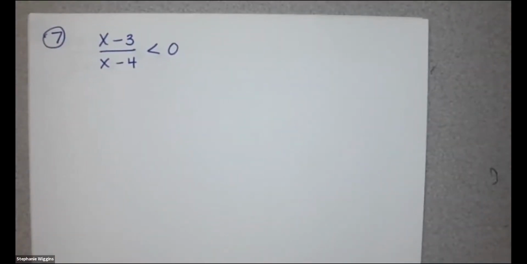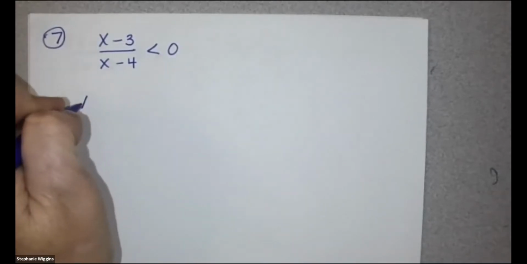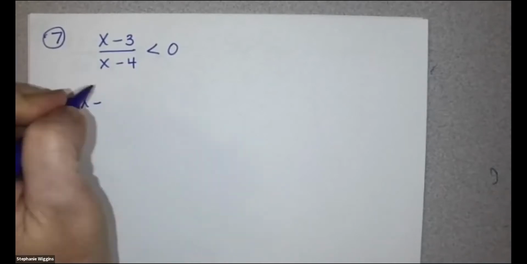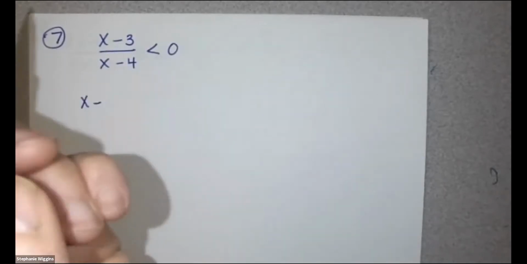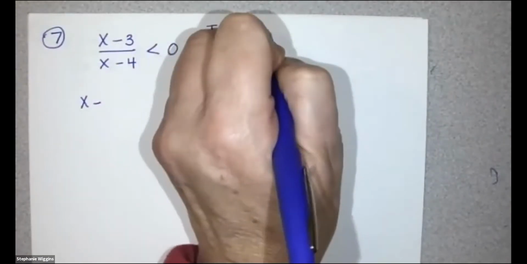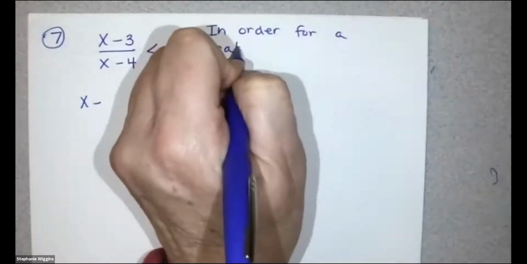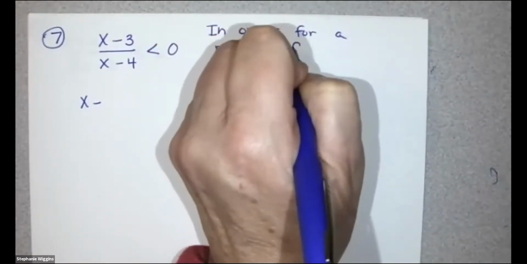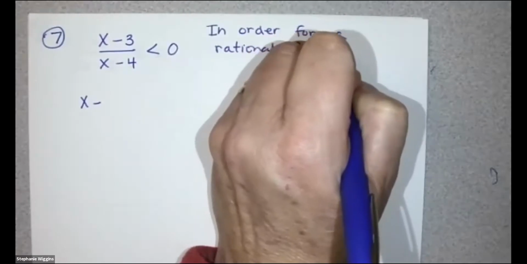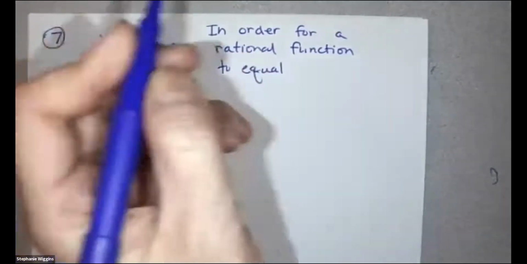So in order to solve this, I want to find the zeros. So everything is on the left side of the inequality. In order for a rational function to equal 0, the numerator must equal 0.